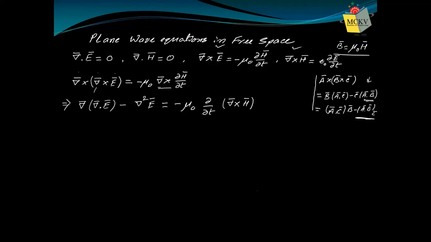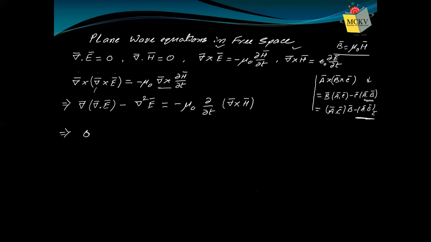Done. So far we have used only Maxwell's third equation. We have taken the curl of Maxwell's third equation and we got this. Now use the first equation: as per Maxwell's first equation, del dot E is 0. So this value will be 0.